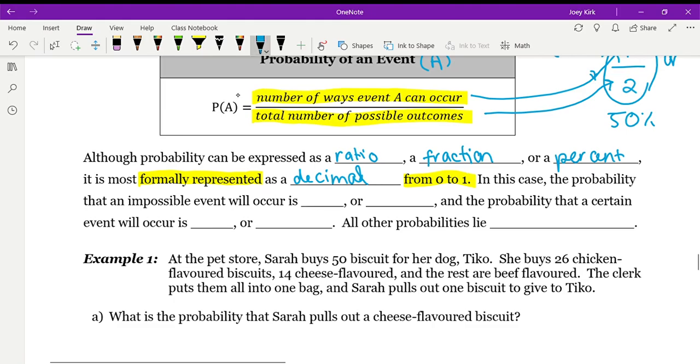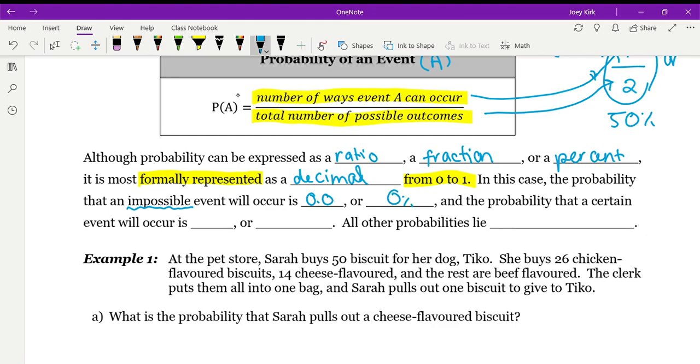0 being 0% and 1 being 100%. So if we're looking at decimal notation, the probability that an impossible event will occur, something that cannot happen, would be 0%, or you'd just be looking at 0. Sorry, I'll put the decimal first. So as a decimal, it'd be 0.0 or 0%.